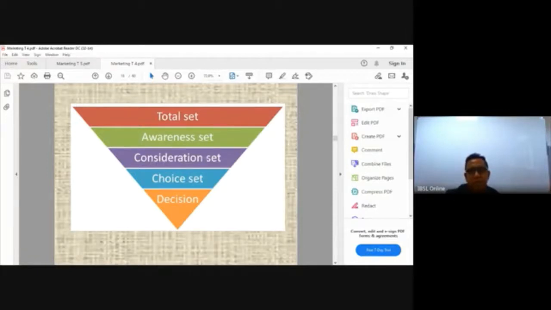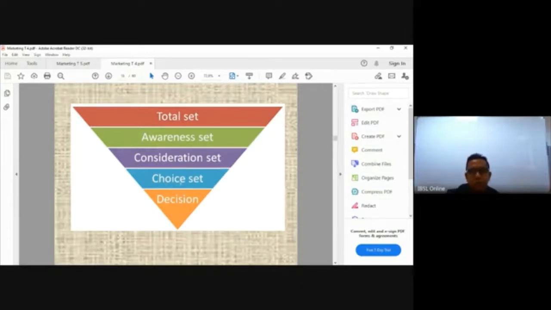Say, for example, you decided to consider Sony, Samsung, Panasonic, Philips, Damro, and so on, 5 brands. Out of those brands that were considered, you decide on one brand. It's called choice.